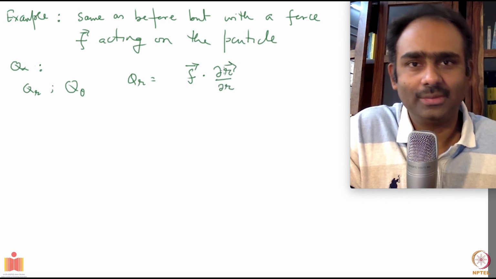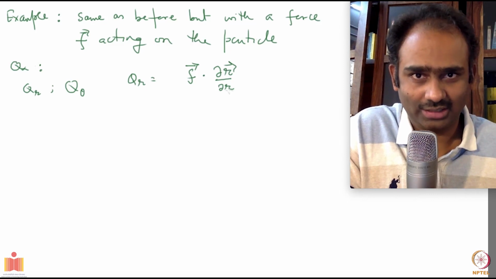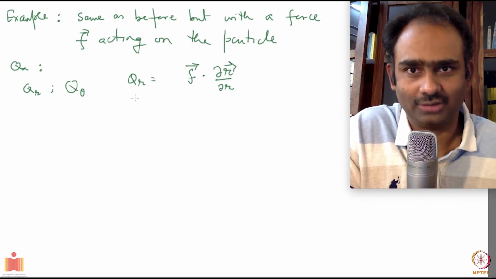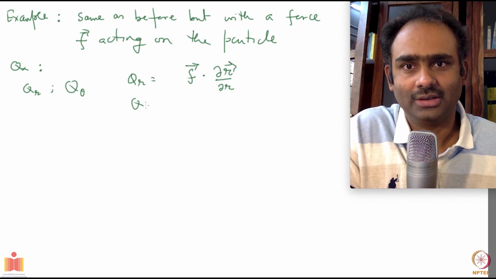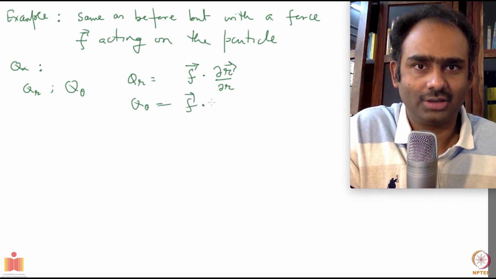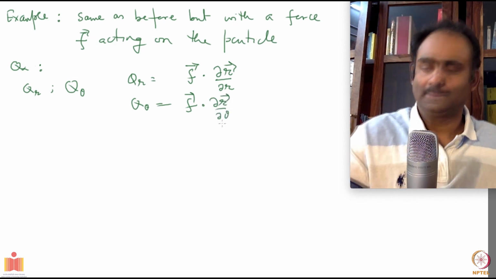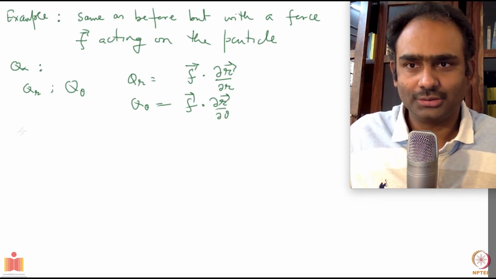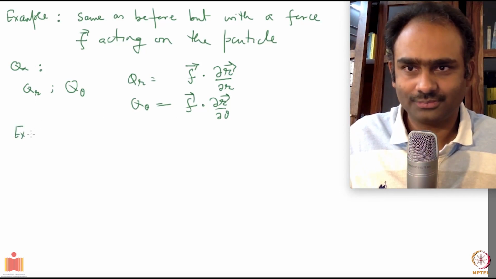Remember del R over del Q, so that Q is r here. There is no summation involved because only one particle. And similarly, your Q theta will be F dot del R over del theta. So you do these two simple exercises now.